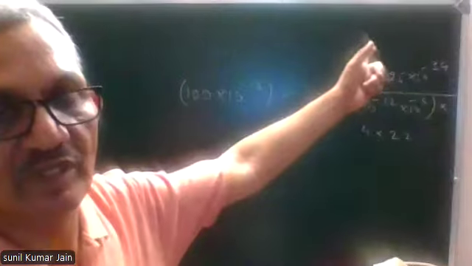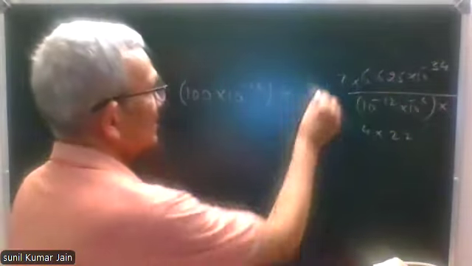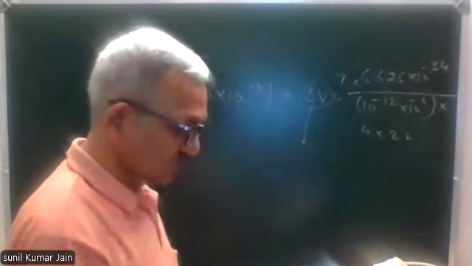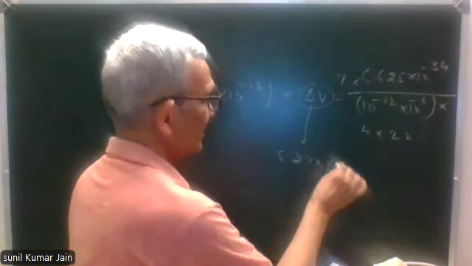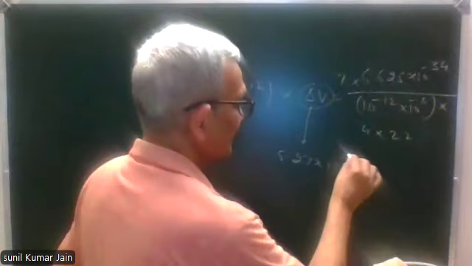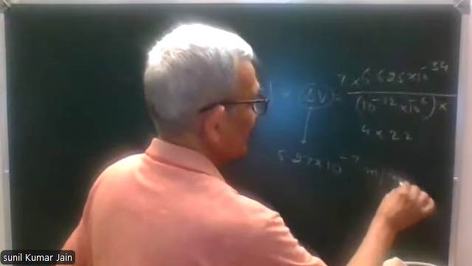Divided by 22, numerator is 7. So when you calculate, this will come out to, as given in the answer, 5.27 × 10⁻⁷ meter per second.